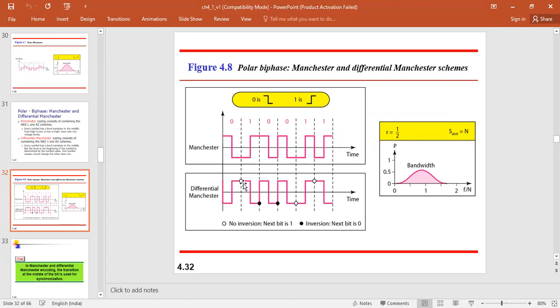Next bit is 1, then it is inverted. Sorry, for the next bit 1 there is no inversion. Inversion for the next bit 0. So no inversion for 1. This is inversion. Again, this is inversion. By that we can represent this symbol.